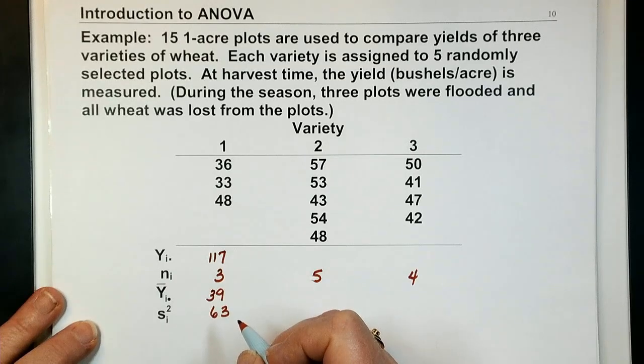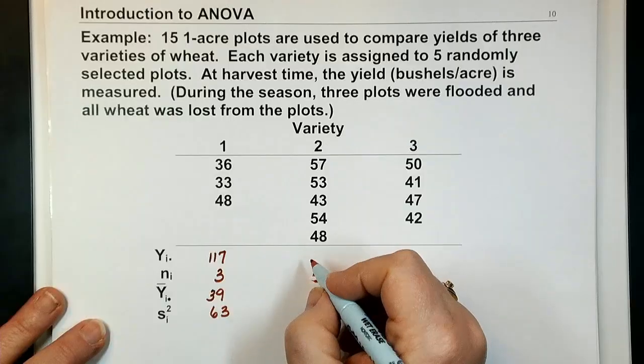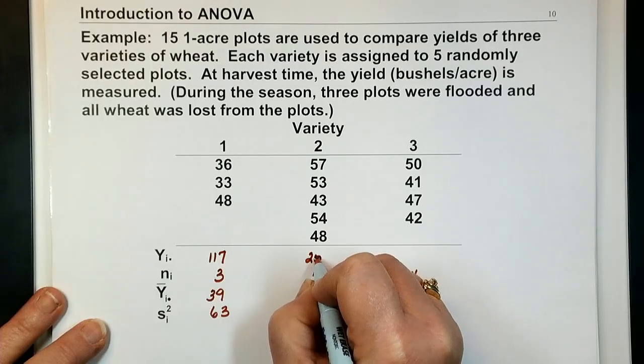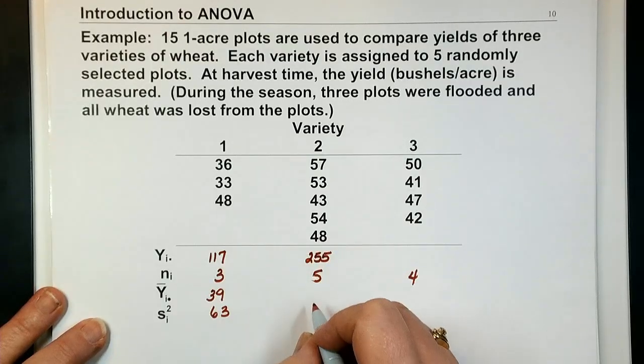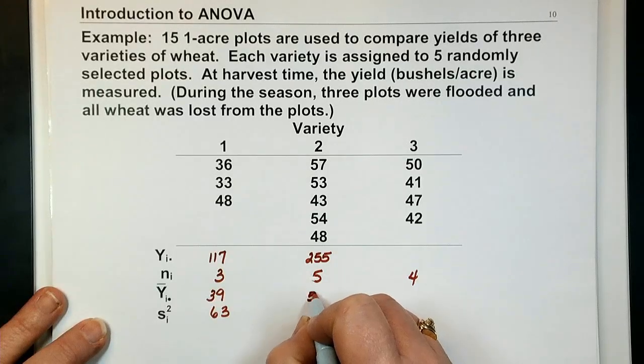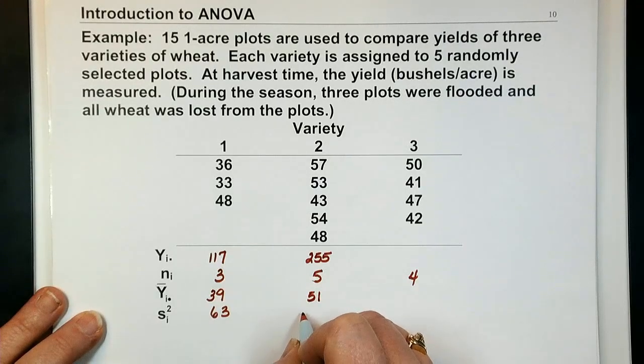Okay. Variety 2, same questions. What's our total, Y2 dot? 255. Y2 dot bar is 51. And the variance, S2 squared, is 30.5.